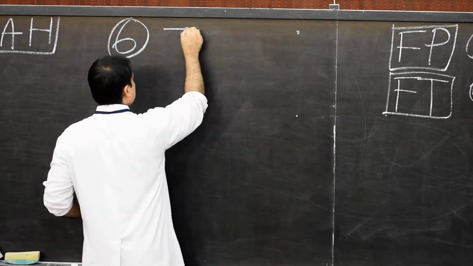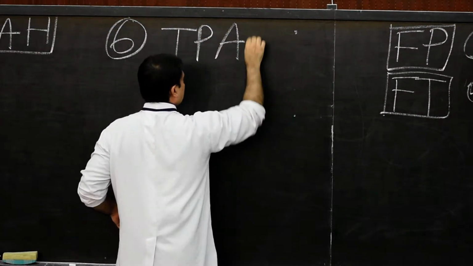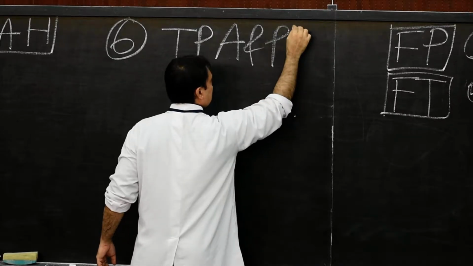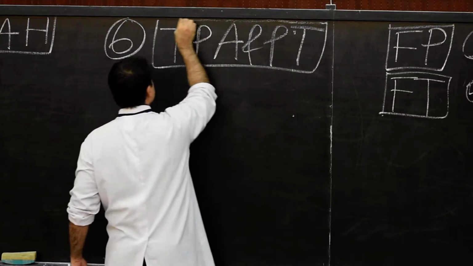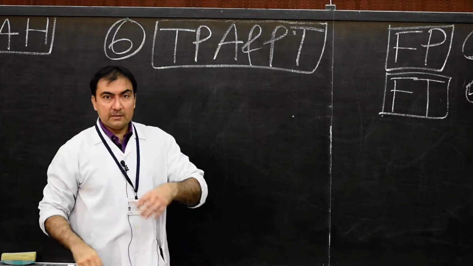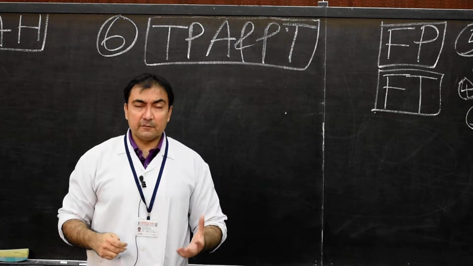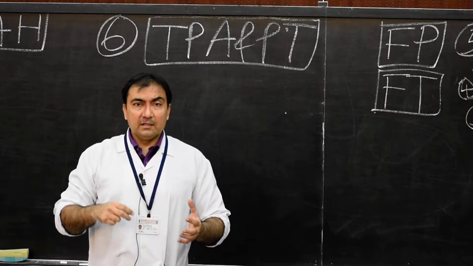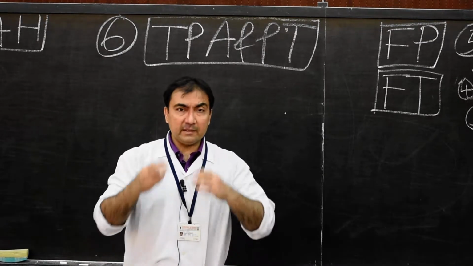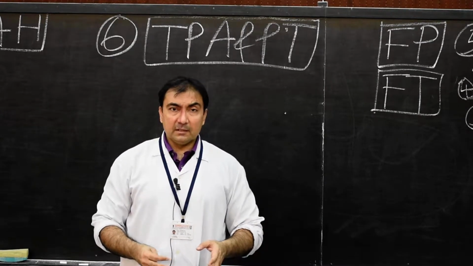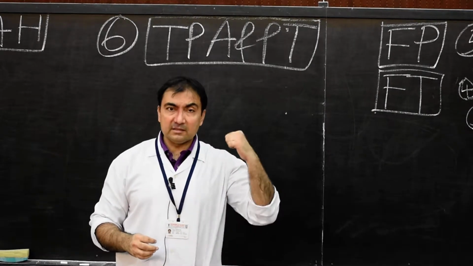As the name itself suggests, you are able to deduce that transposition of aorta and pulmonary trunk means the pulmonary trunk may open, instead of the right ventricle, into the left ventricle, and the aorta sometimes, instead of opening in the left ventricle, will open in the right ventricle. This is known as transposition.